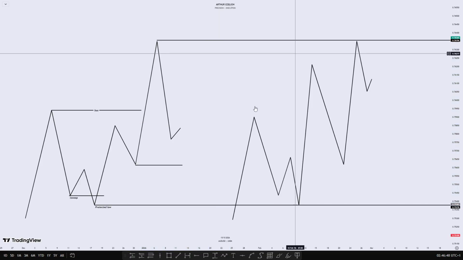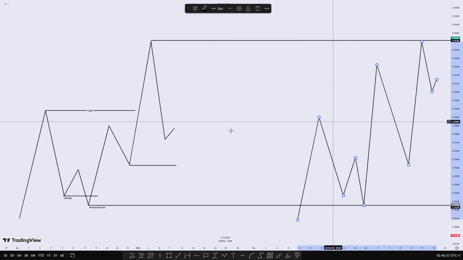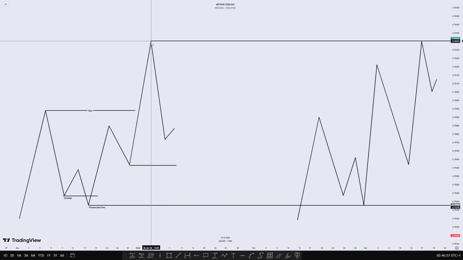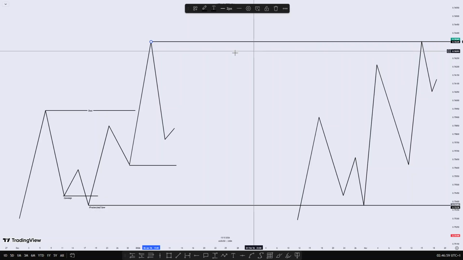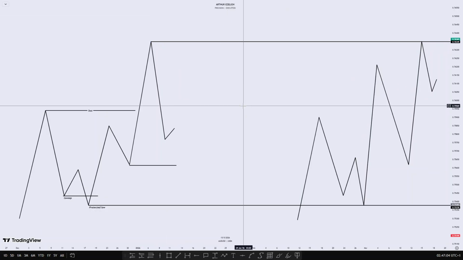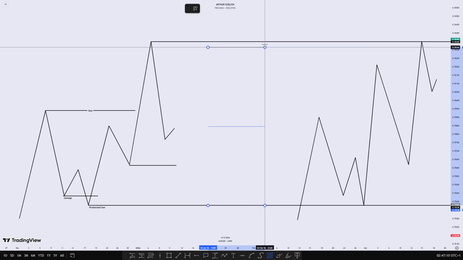We're going to go over this in a bit. So this becomes my protected low, and this is my low resistance liquidity run, a place that I expect price to easily take out. So I can also map my premium and discount like this, from this low to this high.